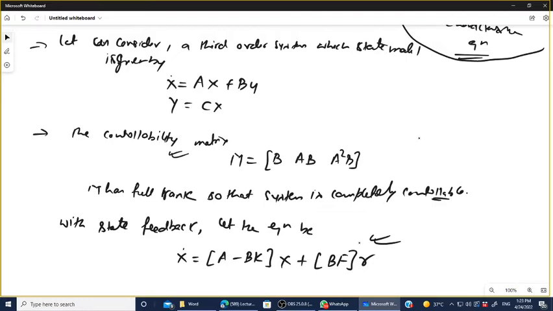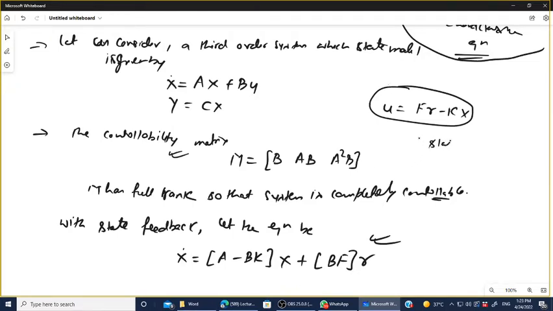If you have not gone through it, I am requesting once again, please go through it, because you have to see how it comes. u equals Fr minus Kx, from the block diagram that I drew in the earlier picture. That is the state feedback controller.